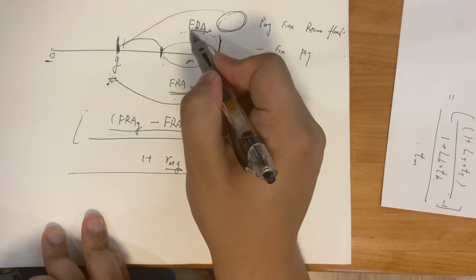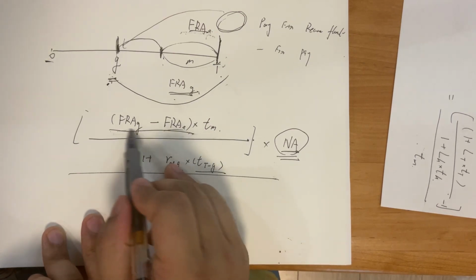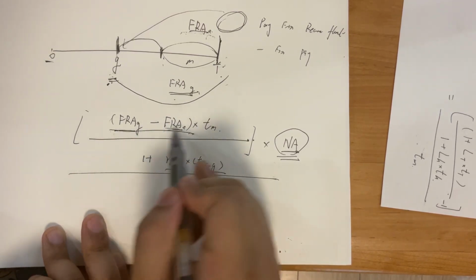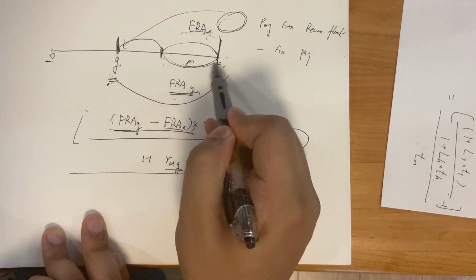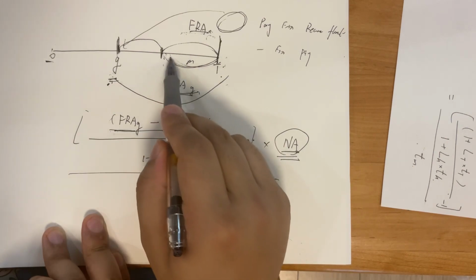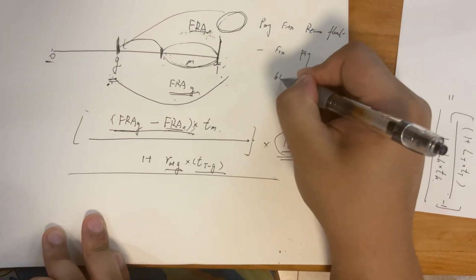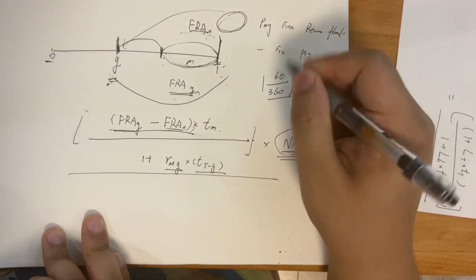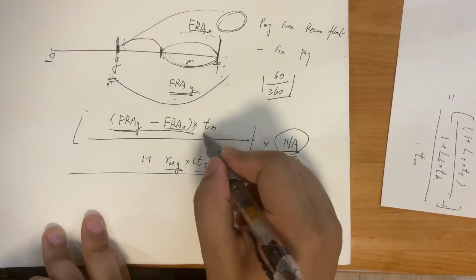Then you calculate the FRA at time G, and you subtract the original FRA from the FRA at time G that you already calculated, times this time frame, because the time difference only happens in this specific time frame. So for example, if it's 60 days, you divide by 360, because it's not happening during a full year.